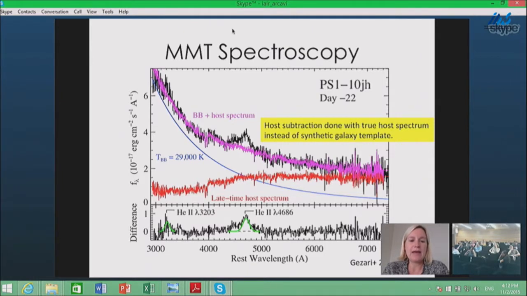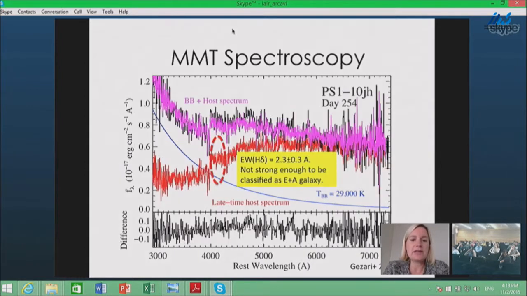Well, now we have a better high signal-to-noise late-time host spectrum, so now we do a direct subtraction. We basically still get the same result. We still see these broad helium-II lines, as well as a hot blue continuum.